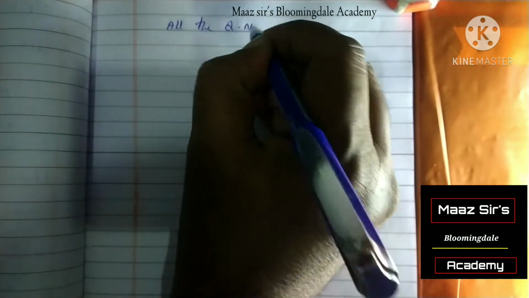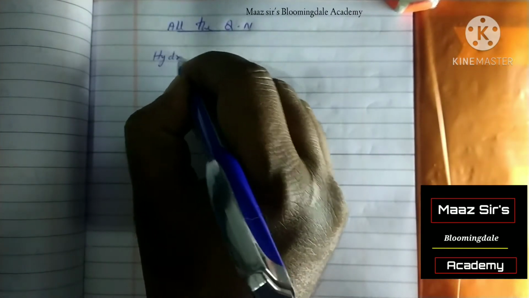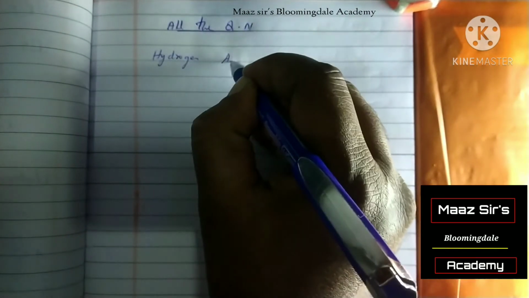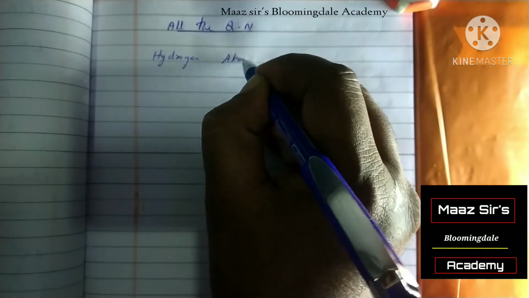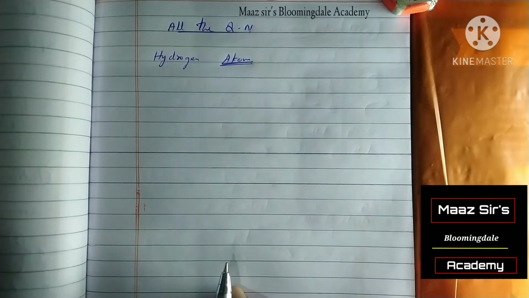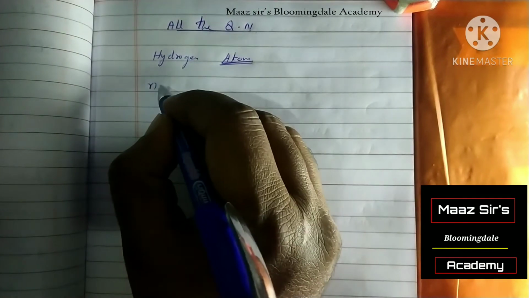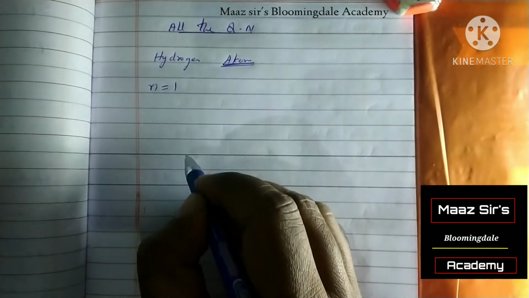Now let us find out all the quantum numbers present in a hydrogen atom. Hydrogen has 1 electron. So let us take n is equal to 1.